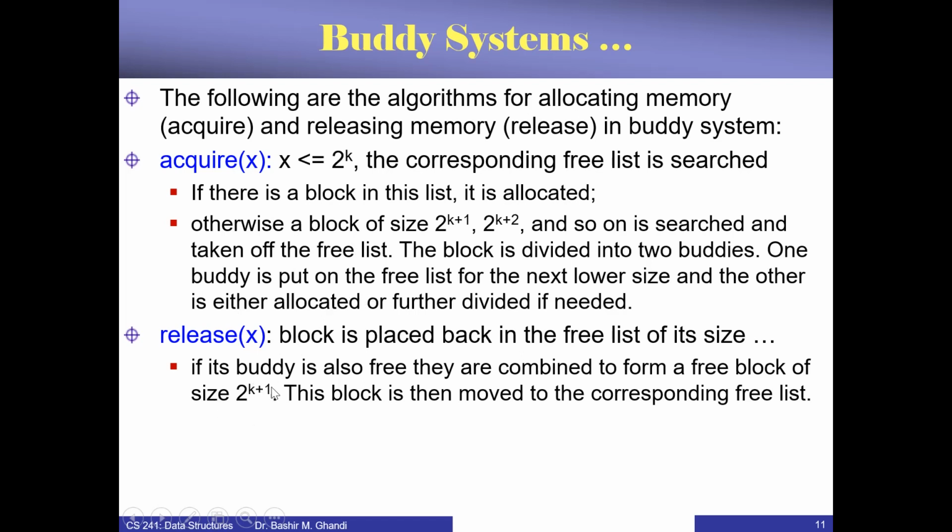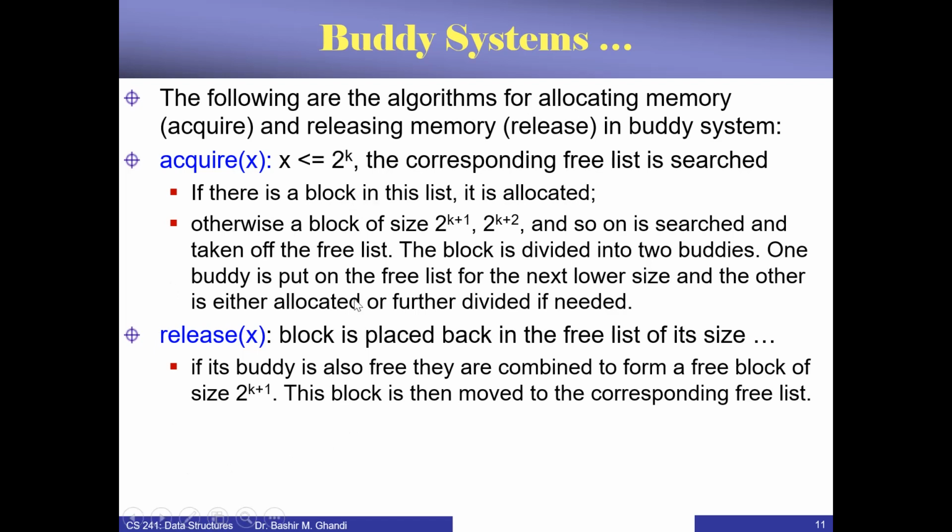But again, if that one also has a free buddy in the linked list of 2 to the power k plus 1, they are again merged together to form a bigger block of 2 to the power k plus 2. And then you attempt to put that back into the linked list of 2 to the power k plus 2.